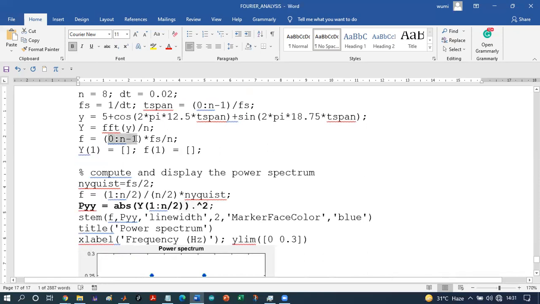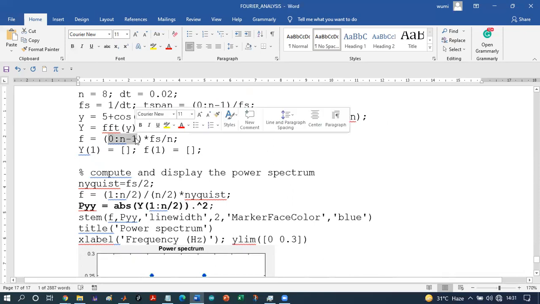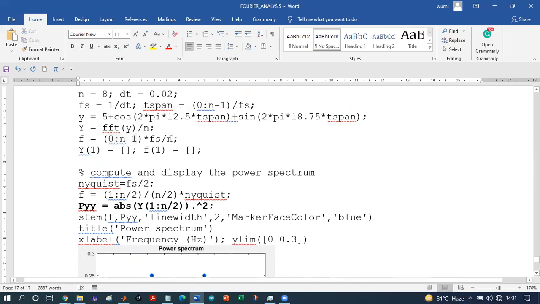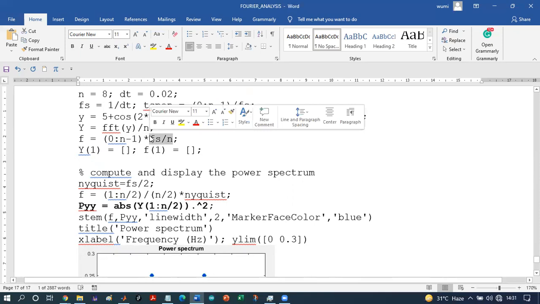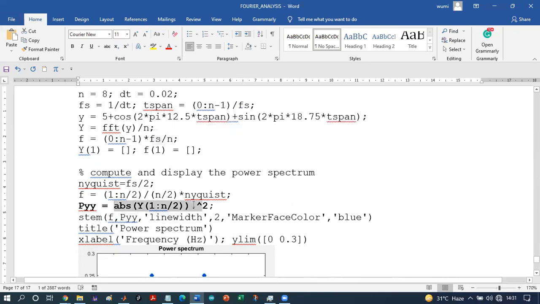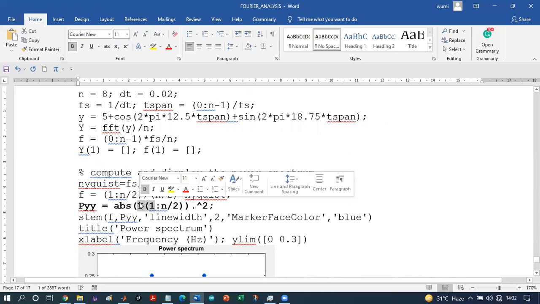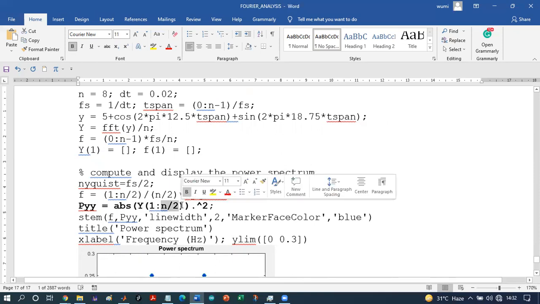It simply means you are starting from 0 and ending at 7 times the t. This one is the t. What this means is that you are starting from 1, and instead of ending at n, you are ending at n divided by 2.